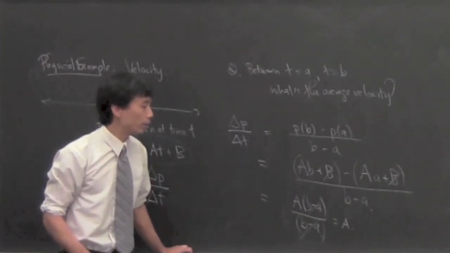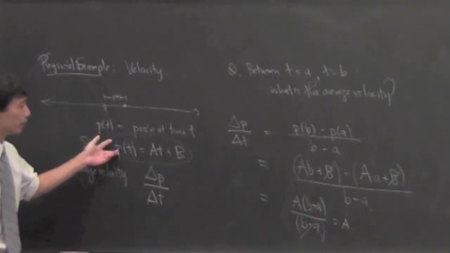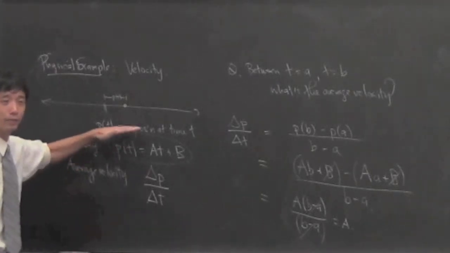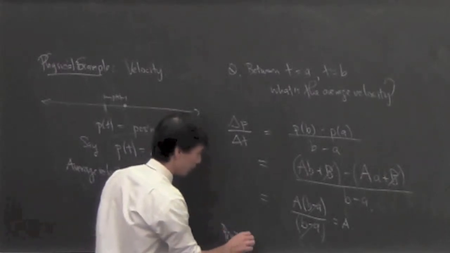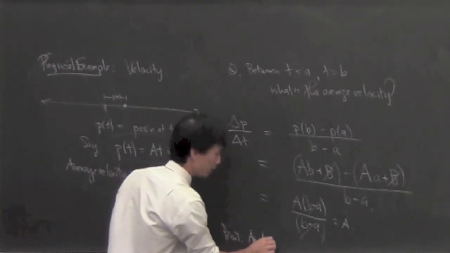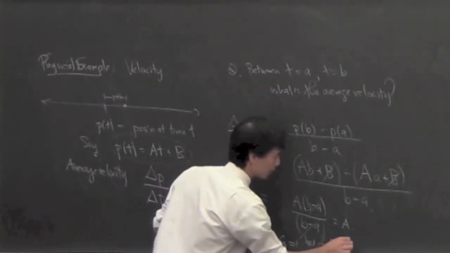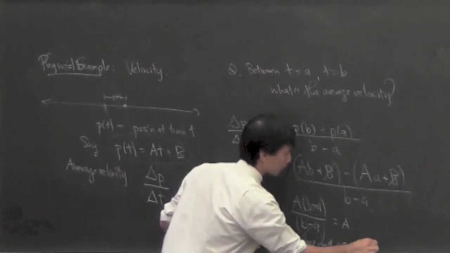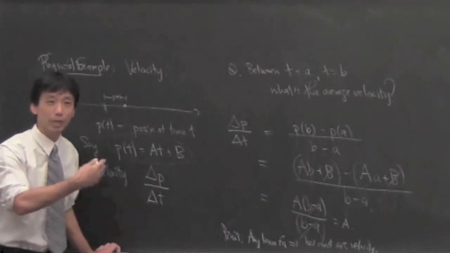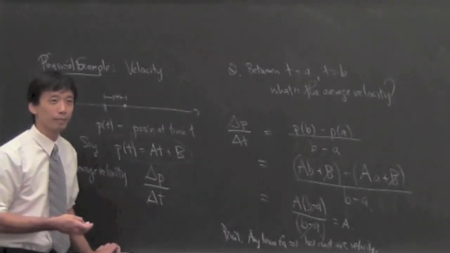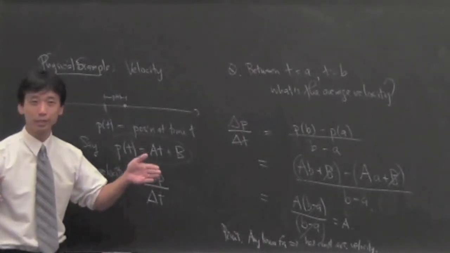So a linear function has constant average velocity. That is, if you're riding this car, it would be traveling at a constant speed. Over any interval, if you took the average velocity, you get the same velocity.